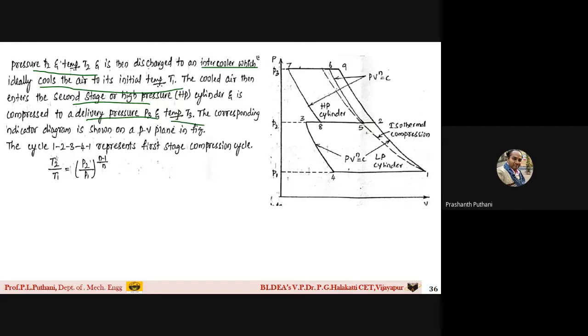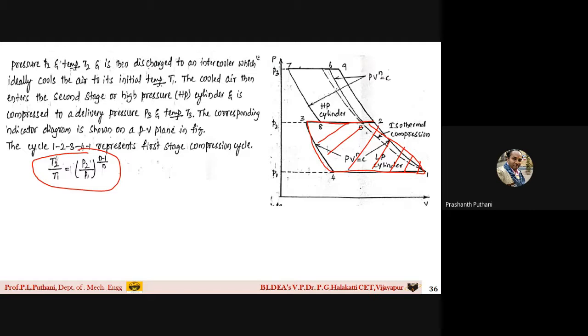So when I want to write the compression of air carried out in the first stage cylinder, this is compression carried out by a polytropic process. I am using the PVT relation, that is T2 by T1 is equal to P2 by P1 raised to the power of n minus 1 by n.